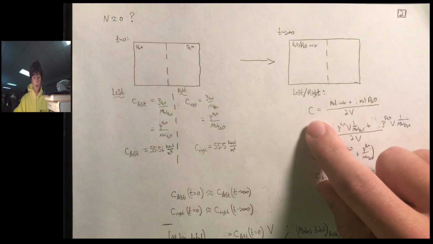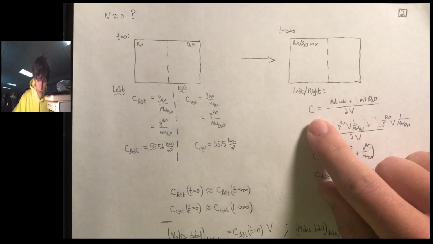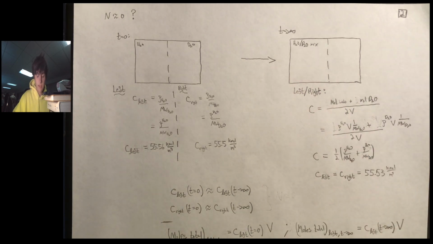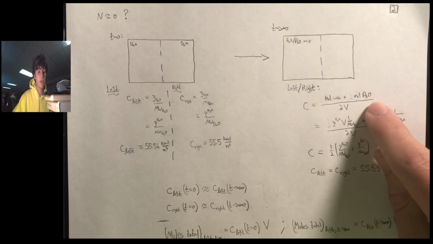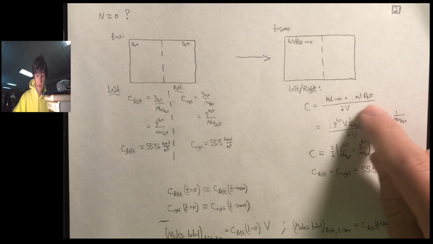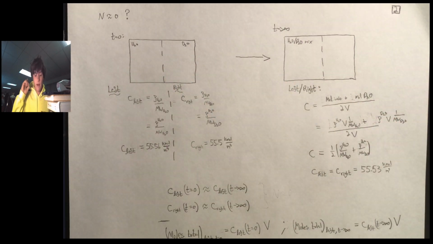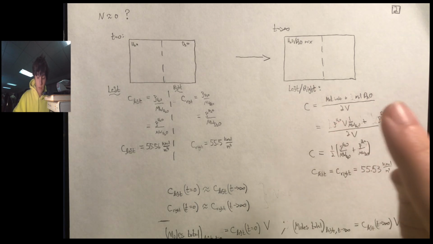So what is the total molar concentration? Well, that's equal to the total number of moles in the system divided by the total volume. That's moles of water plus moles of heavy water divided by total volume. This is where our assumption comes in that the total volume is the sum of the individual volumes, which is 2V.